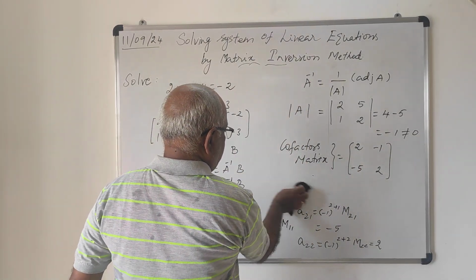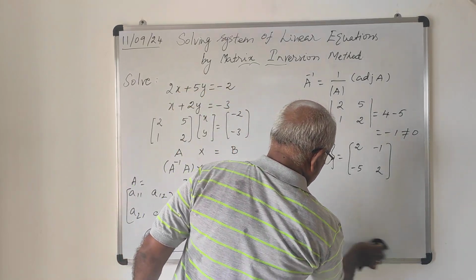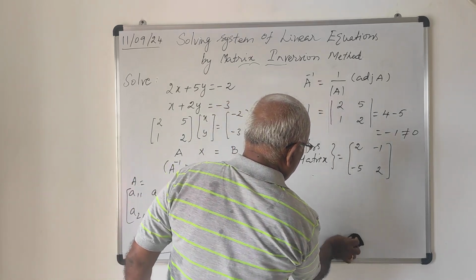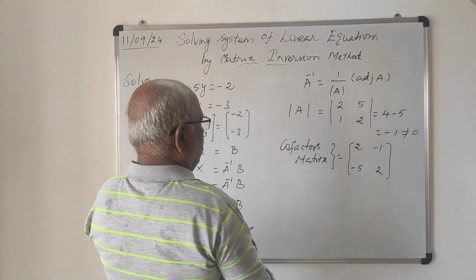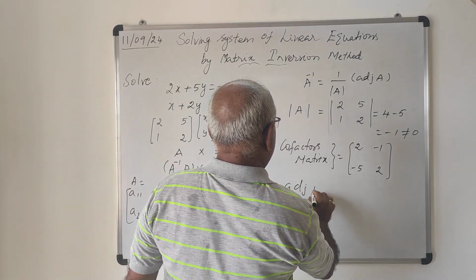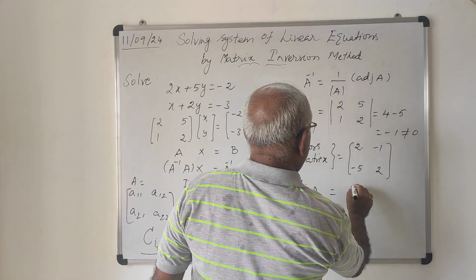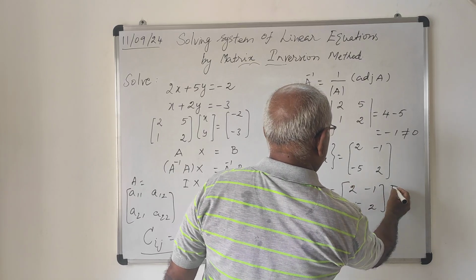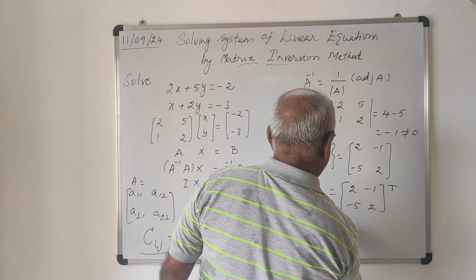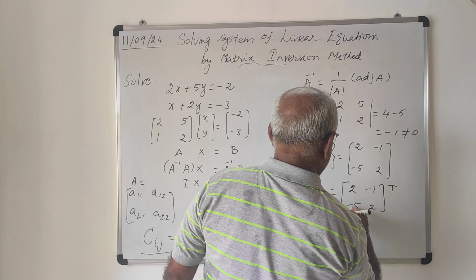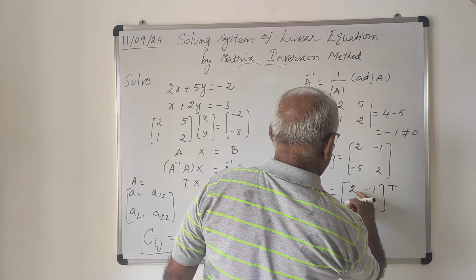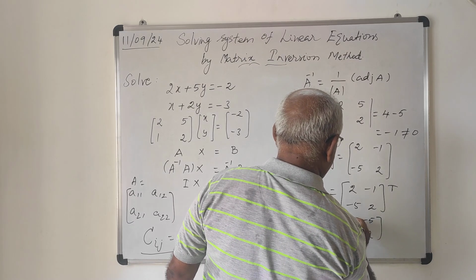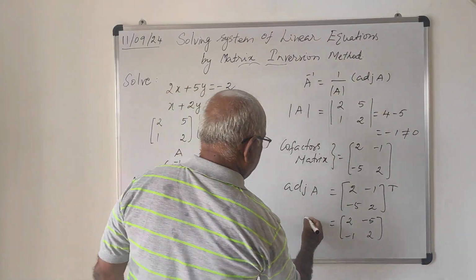The cofactor matrix is 2, minus 1, minus 5, 2. Its transpose is 2, minus 5, minus 1, 2. So this is adjoint A.